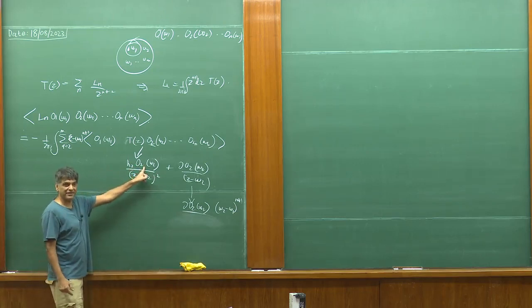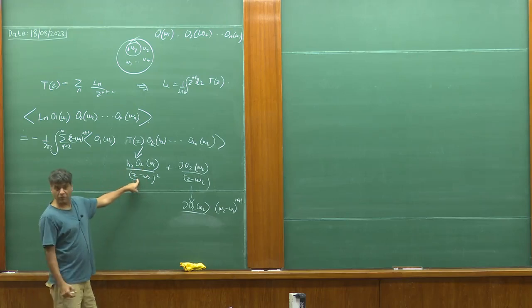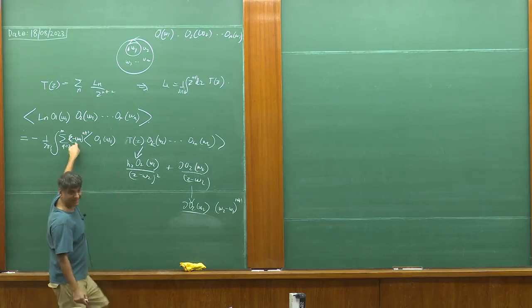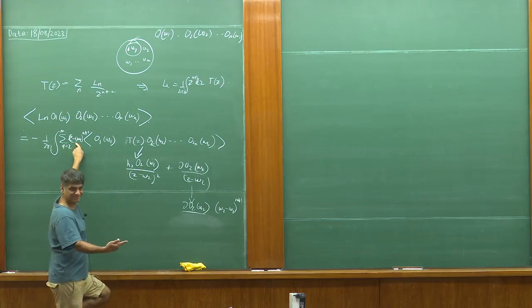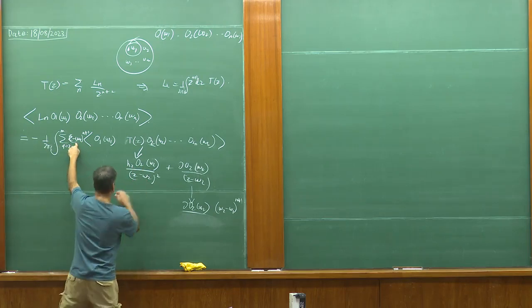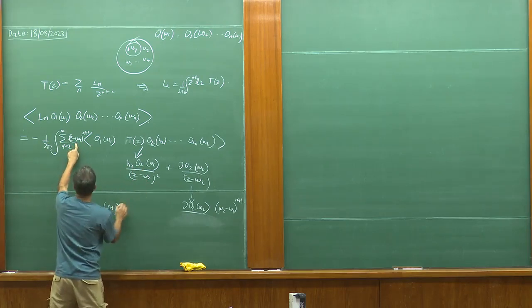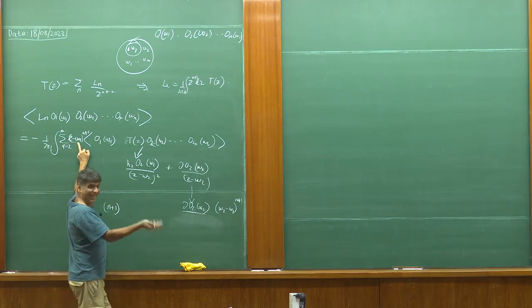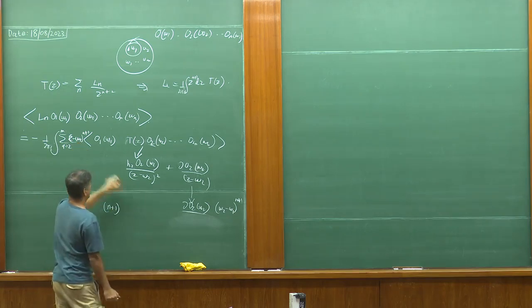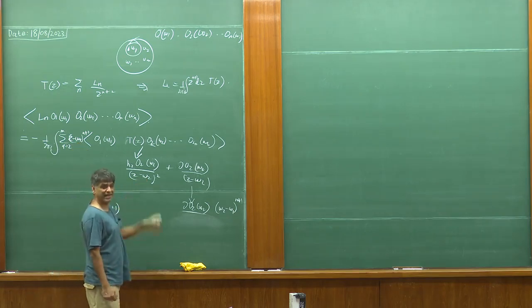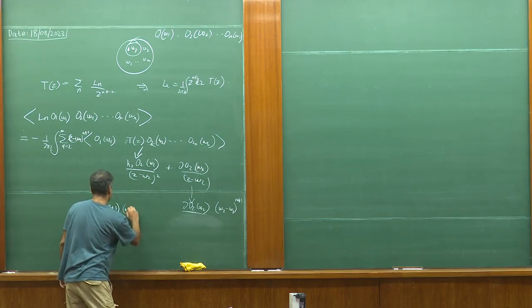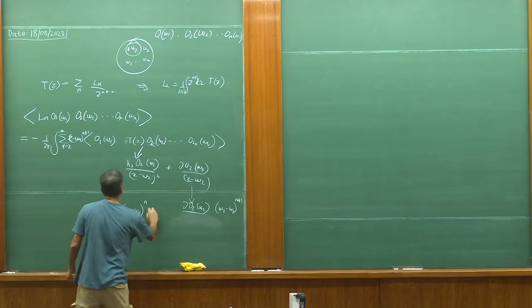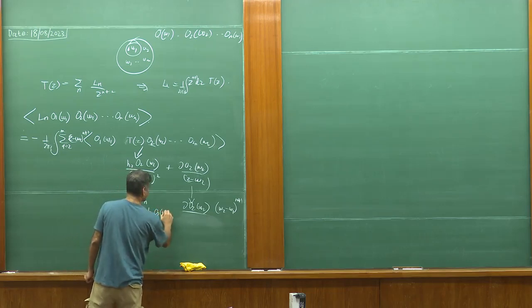What about this guy on the other hand? Once again, we need only a pole. So we have to Taylor expand this to first order. So we will pick up from here n plus 1, then we will have (z minus omega 1) to the power n. Okay? But at that point, we pick up the residues. We set z equals omega 2. So (omega 2 minus omega 1) to the power n, and then h2 O2 of omega 2.